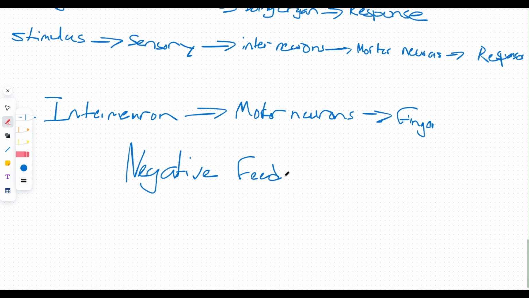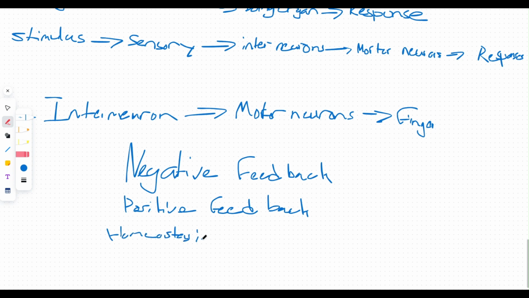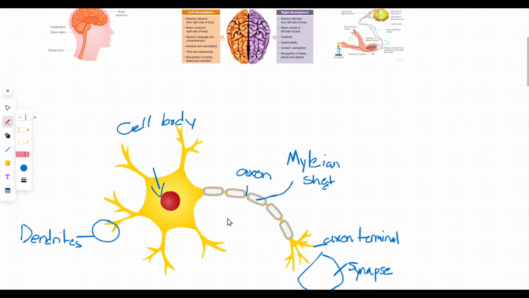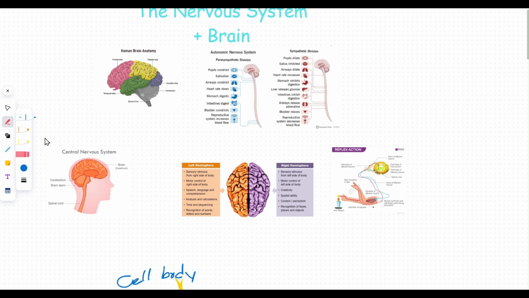I'll teach you negative feedback loop, positive feedback loop. It's really easy, and I'll teach you homeostasis. This is all going to be in my next video. But for now, let's learn about reflex actions. My favorite. Reflex action.